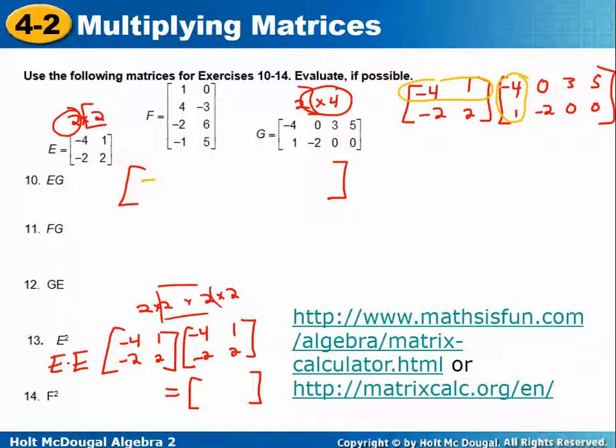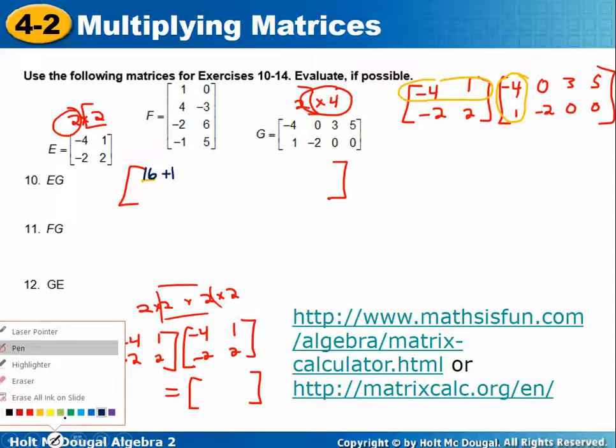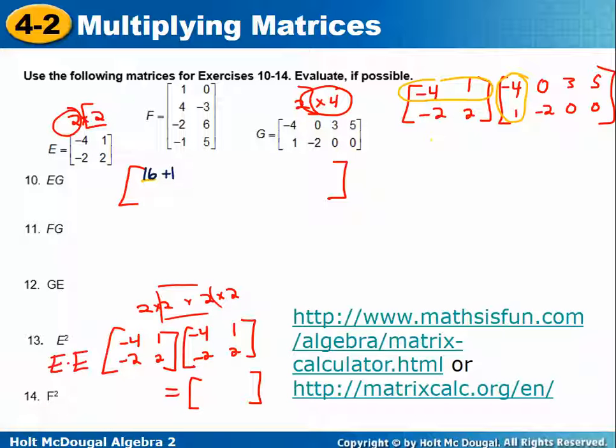So I have negative 4 times negative 4. Negative 4 times negative 4 is a positive 16, plus 1 times 1 is 1. That's just my first element. And then for my second element, I'm going to take the first row times the second column.